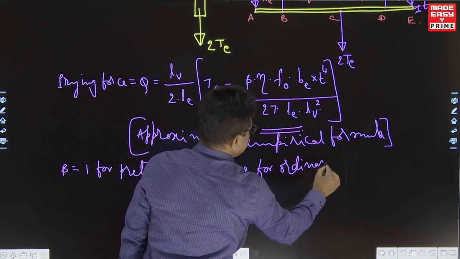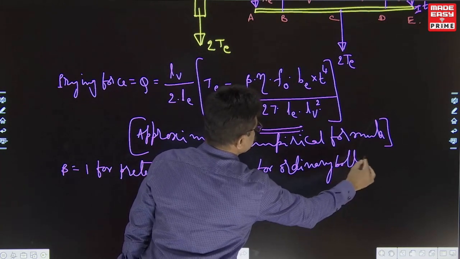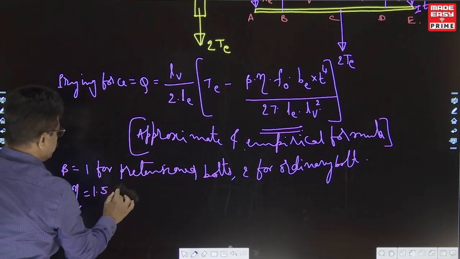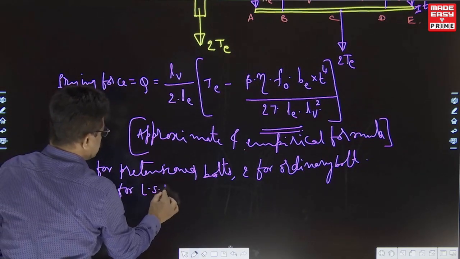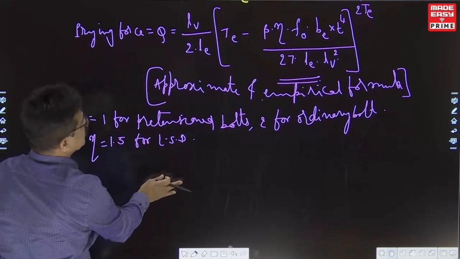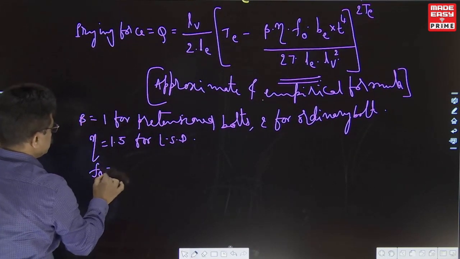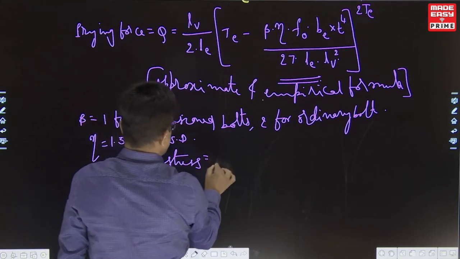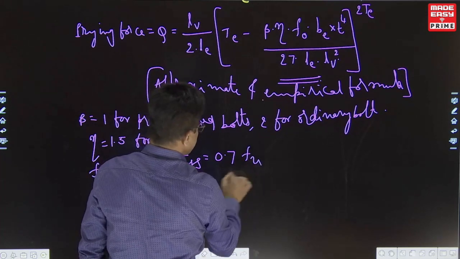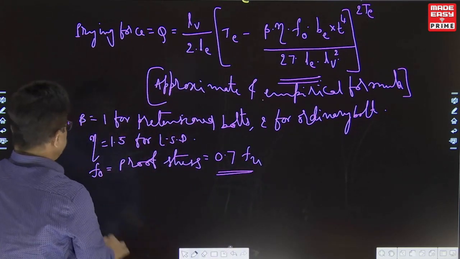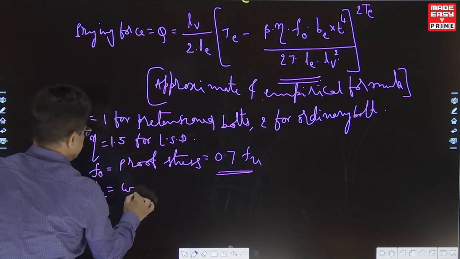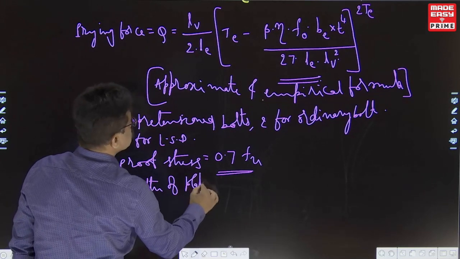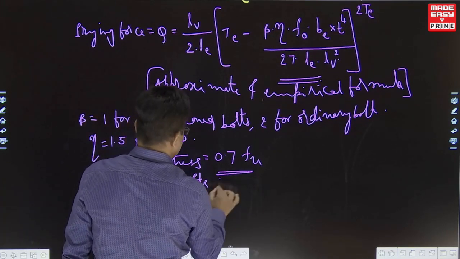Without any tension, if you keep it, you take beta as 2. And eta, you will take as 1.5 for limit state design. Then F0 is proof stress. Proof stress, you will take as 0.7 times ultimate stress. Then BE is the effective width of the plate, or simply the width of the plate. T means thickness of the plate.